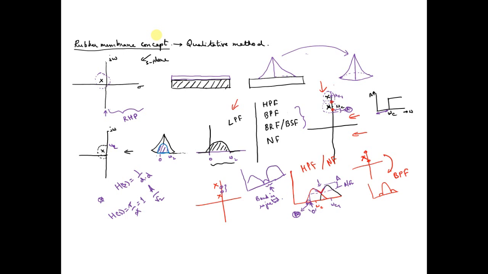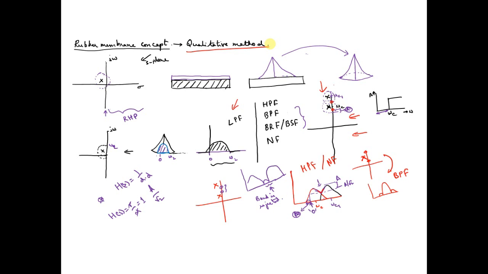Okay, so let us look into this. So what happens over here? If you look over here, I have already written that it is a qualitative method. It does not give you any quantitative information. That means it does not give the actual gain or the phase response of the filter. And another important thing, it will only give you information about the gain of the system, that is modulus of H(s), and it will not give you information about the phase response of the system.